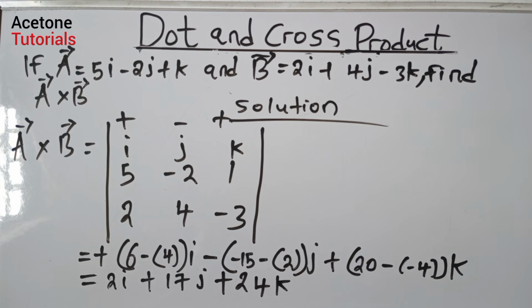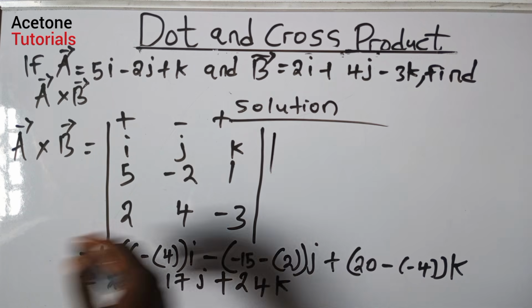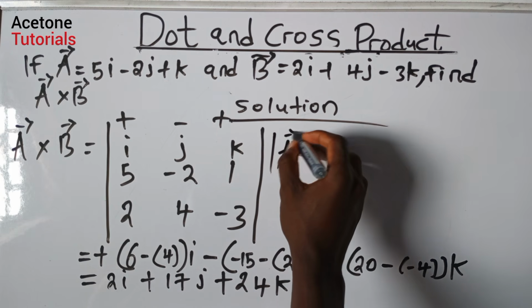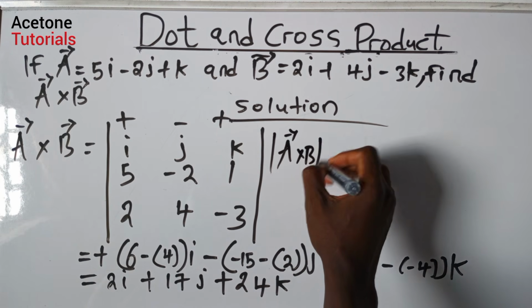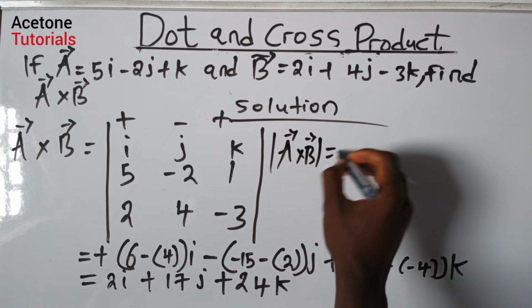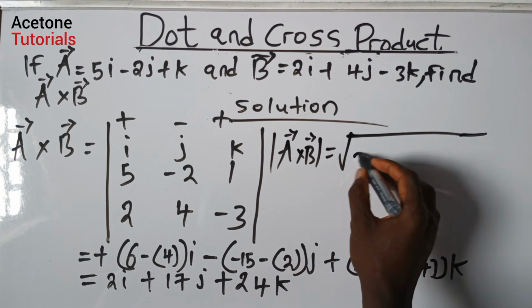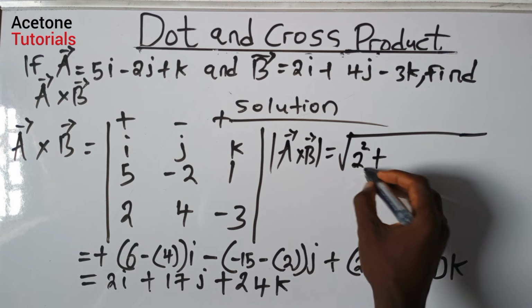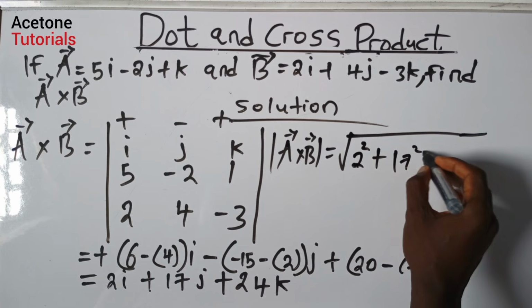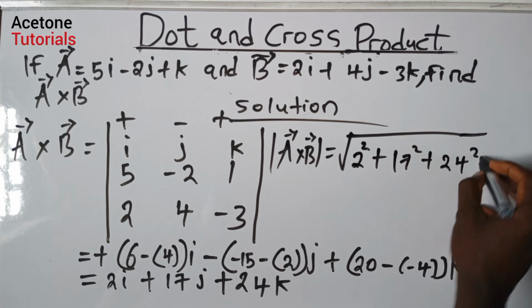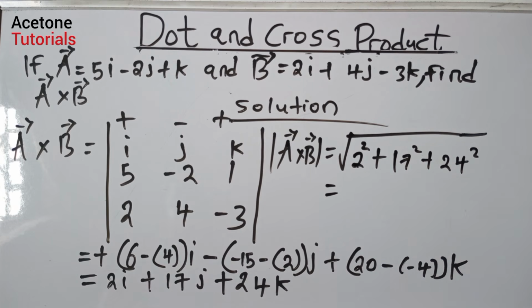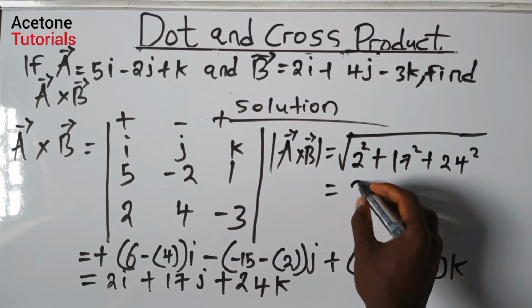As you can see, it is in vector form, where you can find the magnitude. So if you want to find the magnitude, it will be root of 2 square plus 17 square plus 24 square, and that is equal to 29.5.